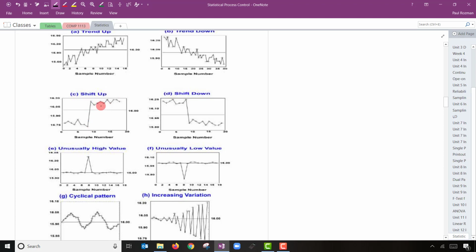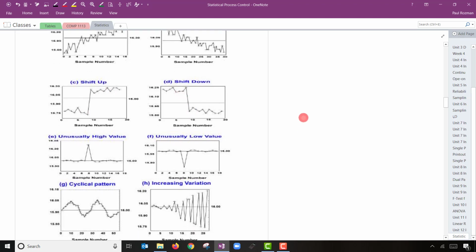Maybe that has something to do with lunchtime. Here's the morning crew, and then lunch happened, and then someone else took over. We can identify that something changes. Maybe we had different training for the morning shift than the afternoon shift, or the manager on one shift is different than the manager on another. Same with the downward shift, similar idea.